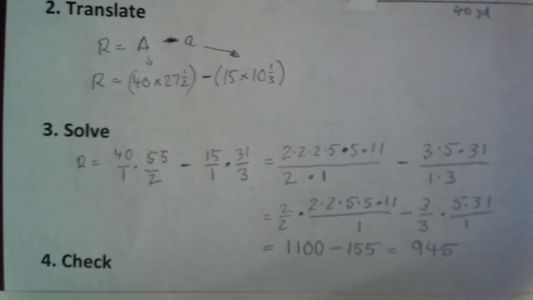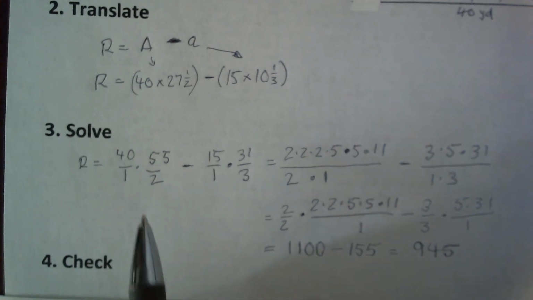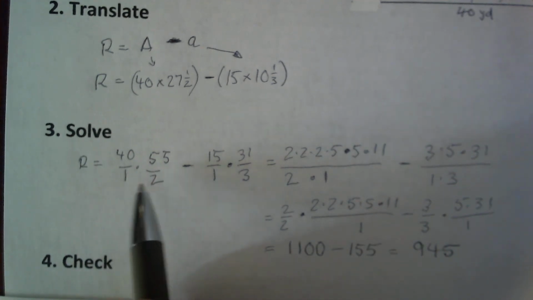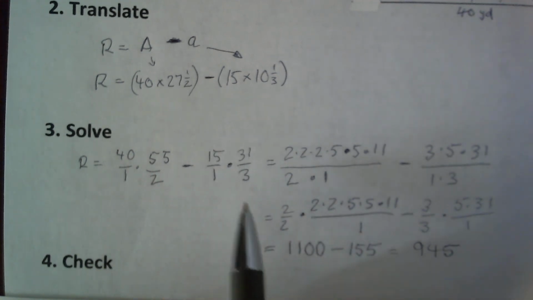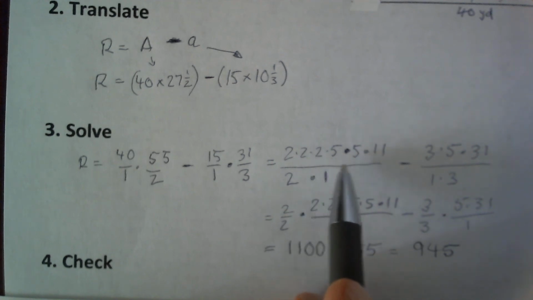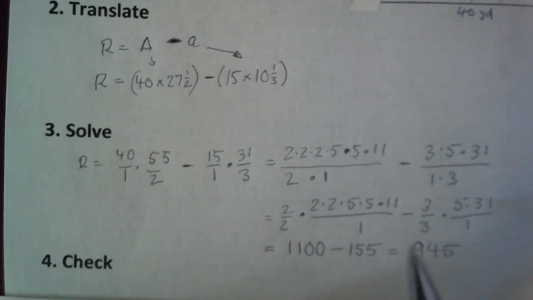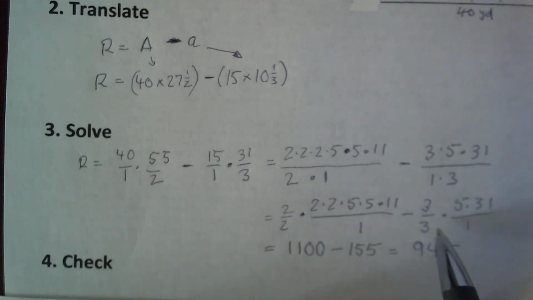Then we check our calculations, again by looking at the numbers. 40 divided by 1, that's correct. 55 divided by 2, correct. 15 divided by 1, and 31 divided by 3. The factorizations check. 2 divided by 2 leaves 2 times 2 times 5 times 5 times 11. And for the second term, we have 3 divided by 3, 5 times 31 divided by 1.